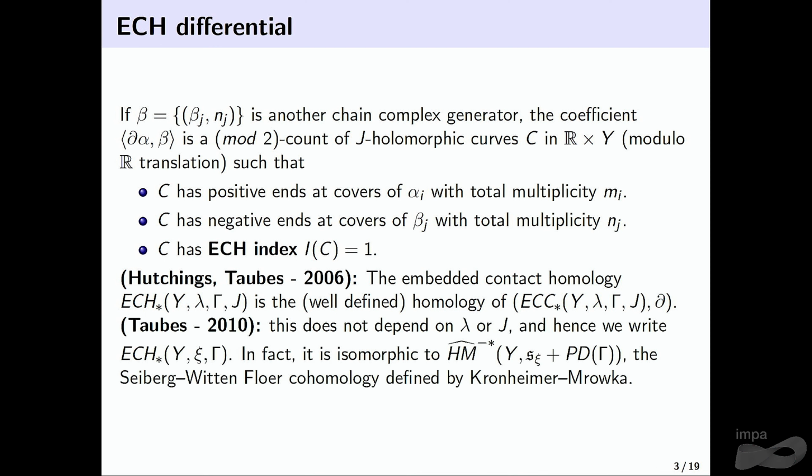And then Taubes also proved that despite the choices, we choose a non-degenerate contact form and a generic almost complex structure, the homology doesn't depend on the form or on the almost complex structure, just on the contact structure xi, which is the kernel of the contact form, and on the topology. In fact, this is isomorphic to another homology theory called Seiberg-Witten Floer homology, defined by Kronheimer and Mrowka. Okay, so it's quite standard these days.